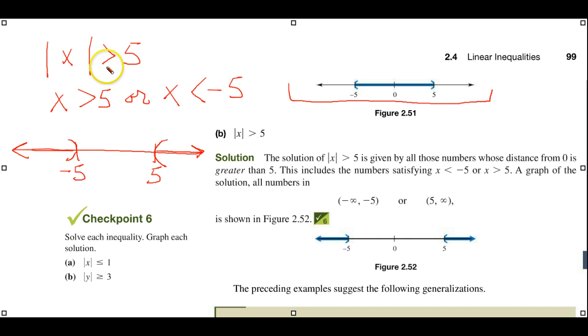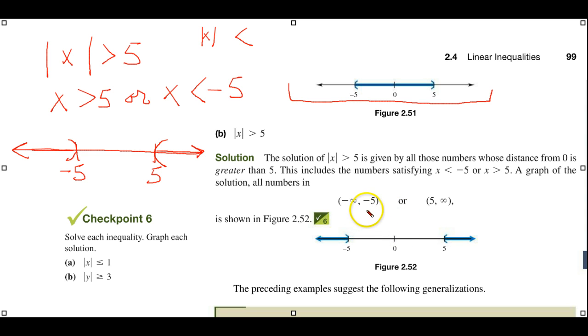So this is a basic thing to keep in mind. When the absolute value is less than something, you get a conjunction. When the absolute value is greater than something, you get a disjunction.